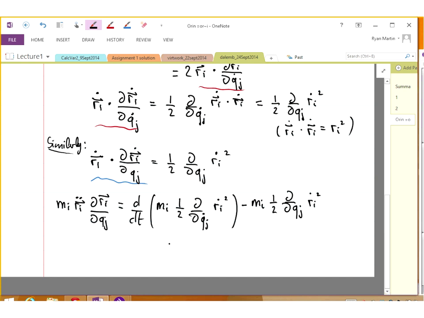Let's write this as d/dt of, and the half is obviously a constant as well, ∂/∂q_j dot of a half m_i r_i dot squared, minus, doing the same thing on the other term, ∂/∂q_j of a half m_i r_i dot squared.